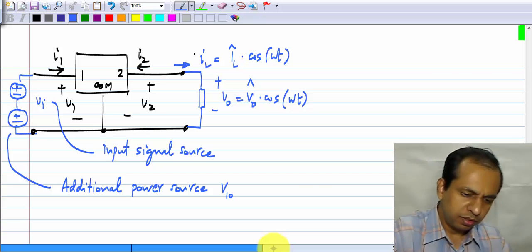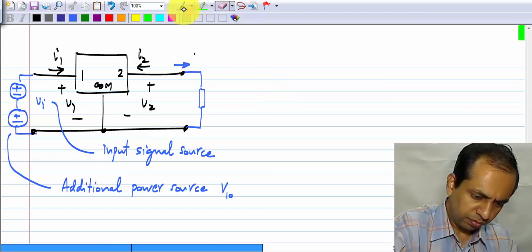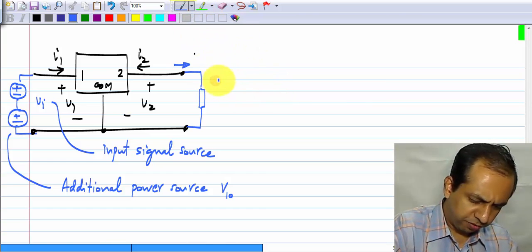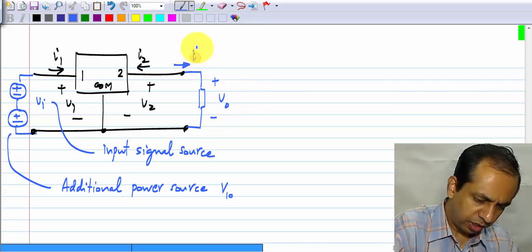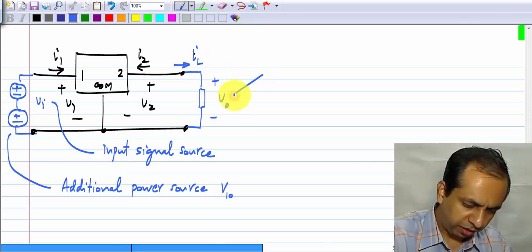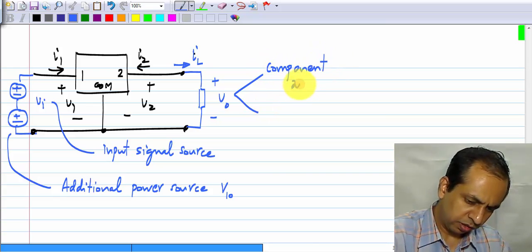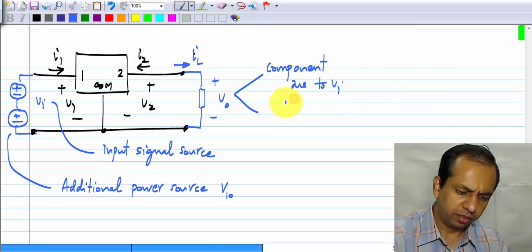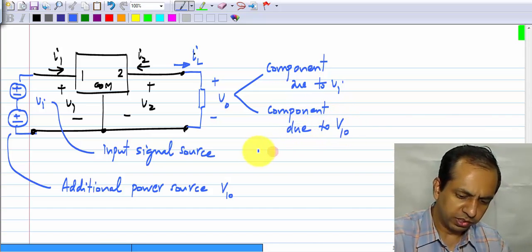Okay. So, now we will have some VO and some load current, and this will have a component due to Vi and also a component due to V10.